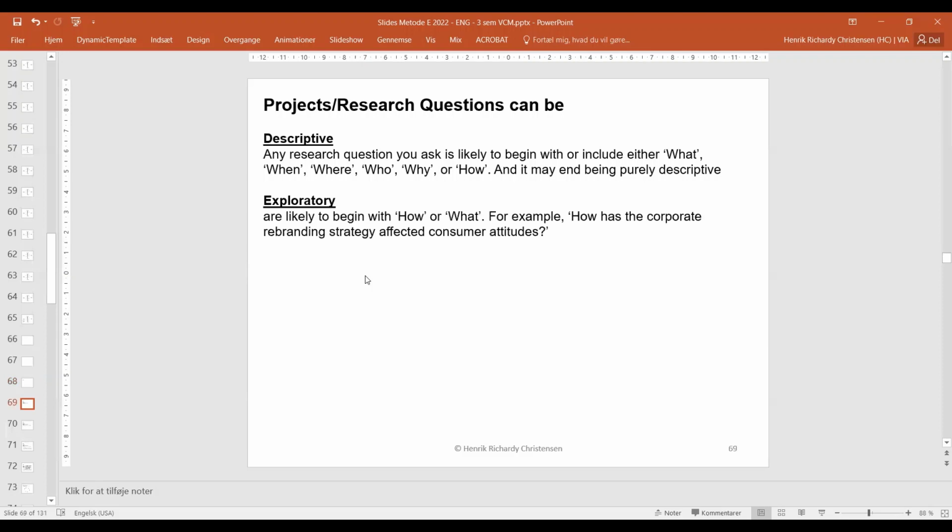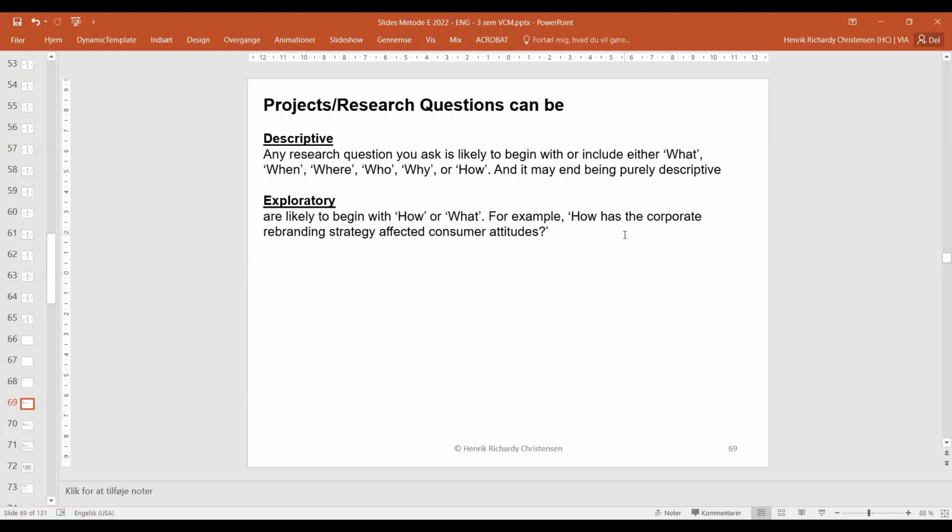For example, it could be that we need to explore something. Here as an example, how has the corporate rebranding strategy affected consumer attitudes? Could be one thing we would like to explore. Or how has the introduction of lunch had an effect on employee satisfaction? Could be another thing that we would like to explore.